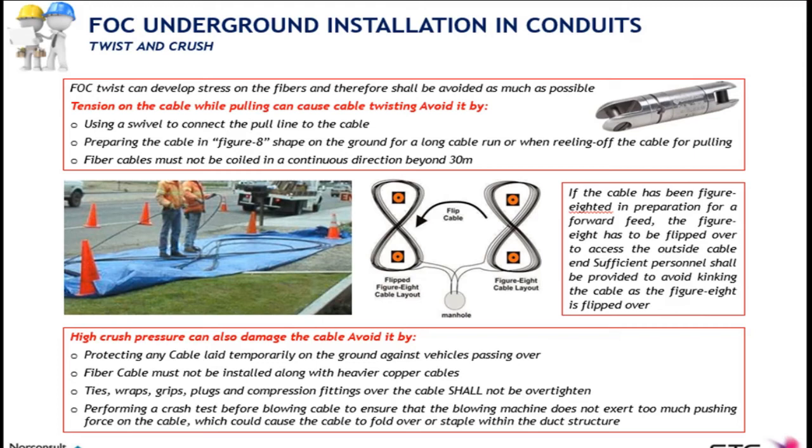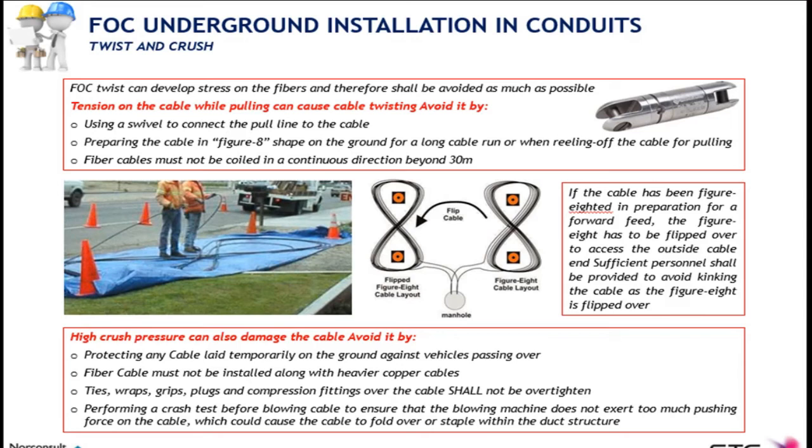Pay a lot of attention to ties, wraps, ribs, plugs, and compression fittings, and all other elements that are supposed to hold cables in place, because they are easily over tightened, and over tightening them means that you're crushing the fibers inside. Last, and specifically for blowing techniques, we have the crash test.